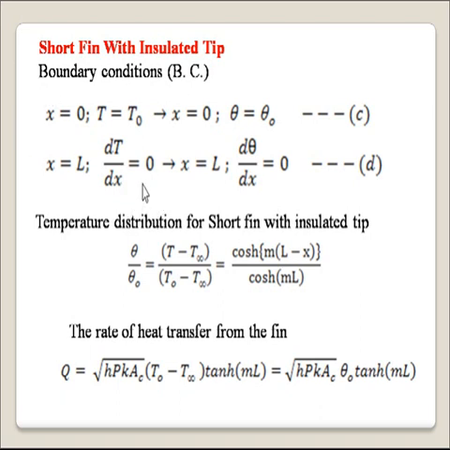By simplifying and solving using the boundary conditions and determining the constants C1, C2 in the general solution of the second order differential equation, we have the temperature distribution for a short fin with insulated tip, given by theta upon theta naught equal to T minus T infinity upon T naught minus T infinity, which is equal to cosh of m(L minus x) upon cosh of mL.